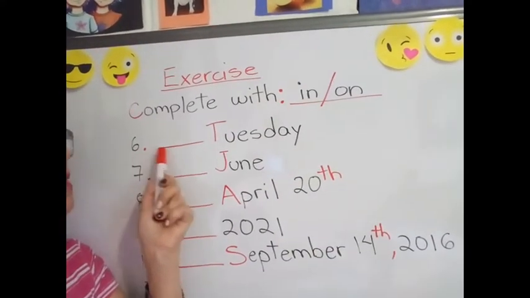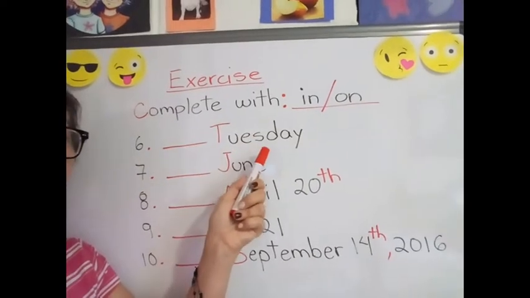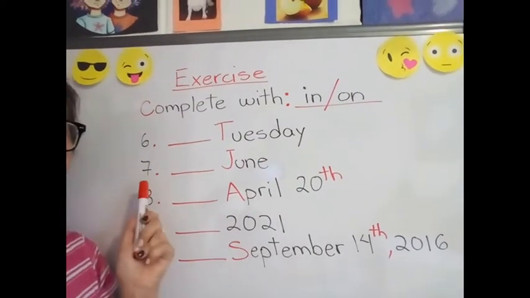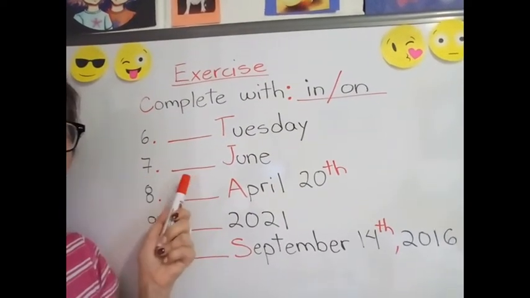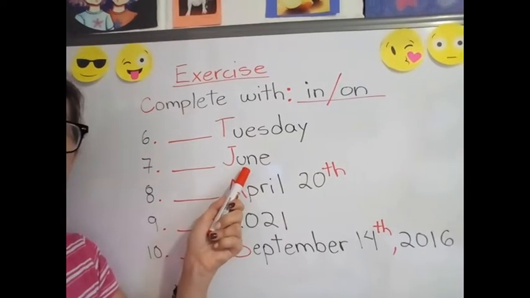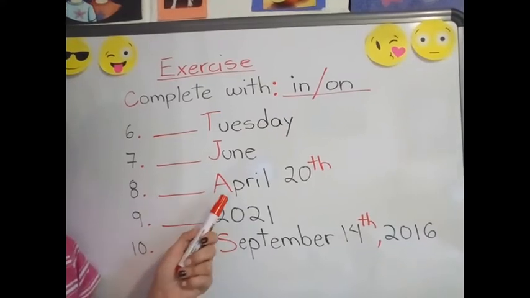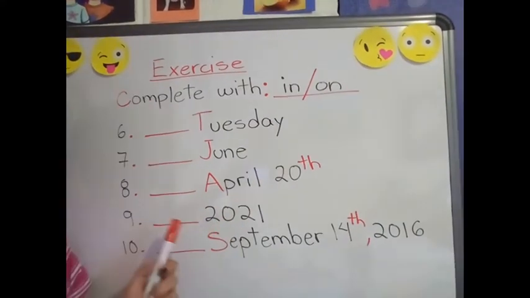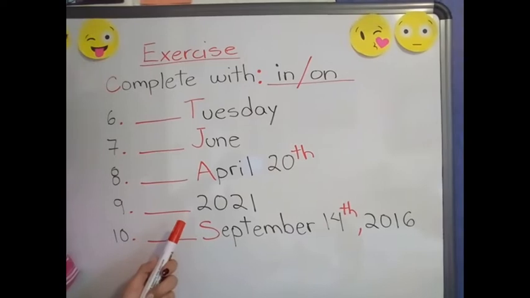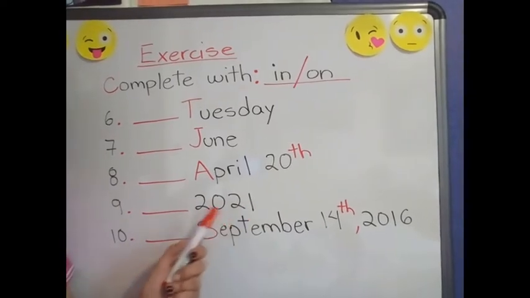Number 6, blank Tuesday. Number 7, blank June. Number 8, blank April 20th. Number 9, blank 2021.